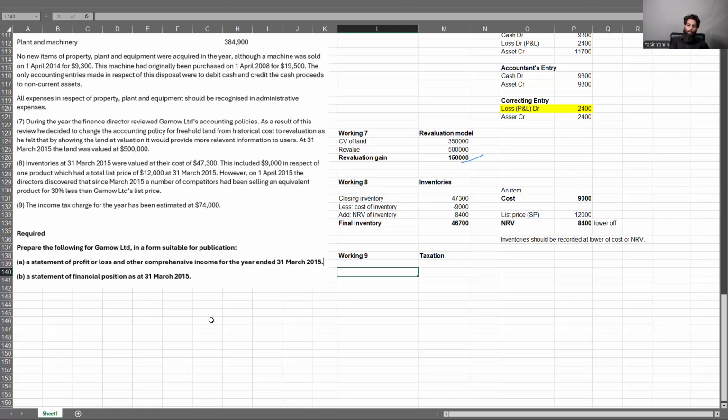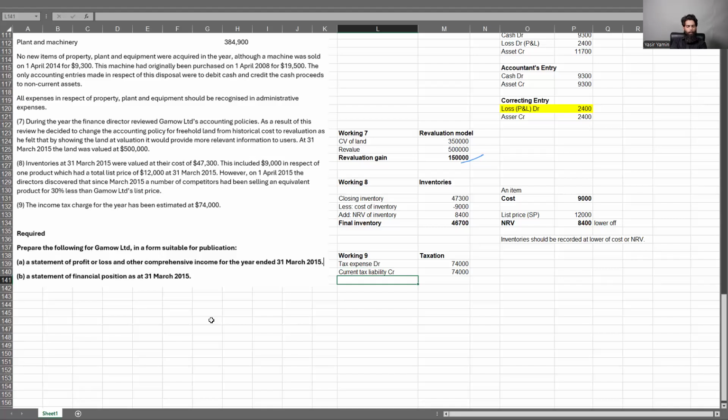Don't tell me you don't know it. Yes, very good. Tax expense debit 74,000. Provision for tax, or current tax liability, whatever you call it, credit 74,000. Make sense? All good? Is it okay for everyone? Done?